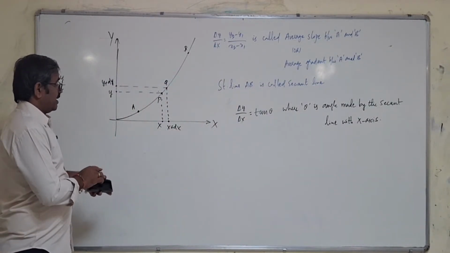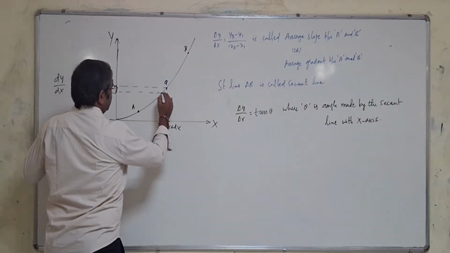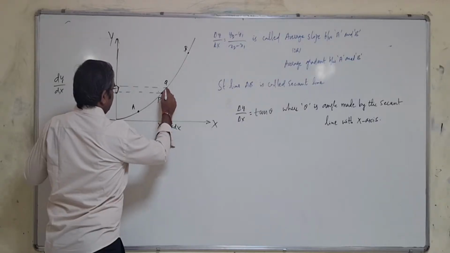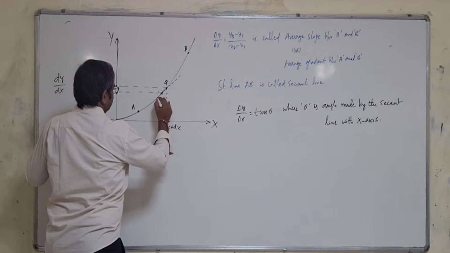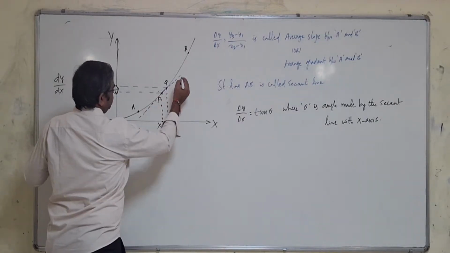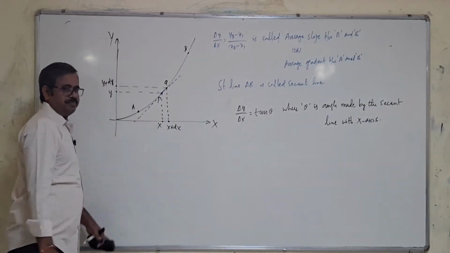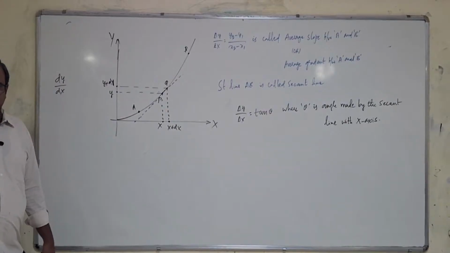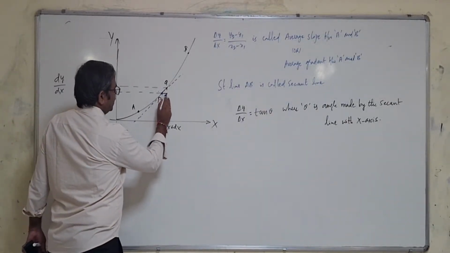Now draw a straight line passing through the 2 points P and Q. What is this straight line called? Secant line. Yes. So draw a secant line here passing through points P and Q. Now look at this horizontal line that I am drawing here.